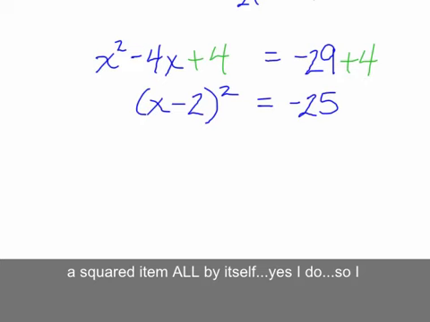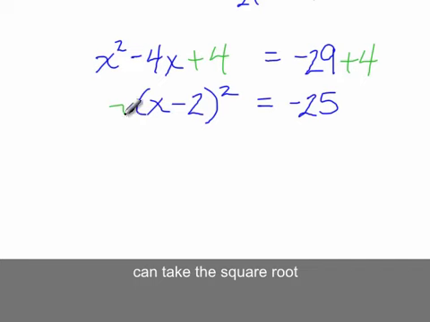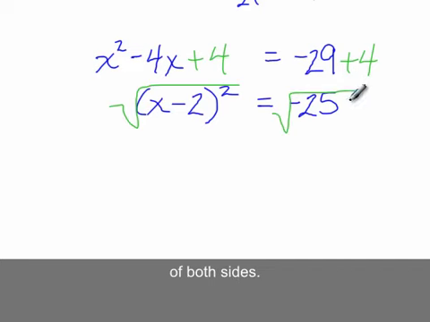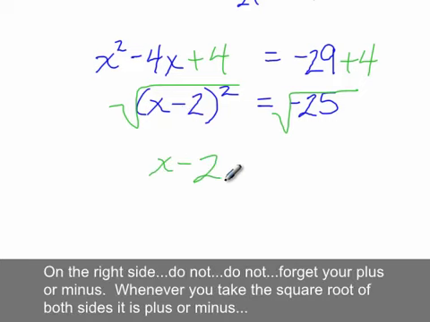Yes, I do. So I can take the square root of both sides. The square root of x minus 2 squared is just x minus 2. On the right side, do not forget your plus or minus. Whenever you take the square root of both sides, it is plus or minus.